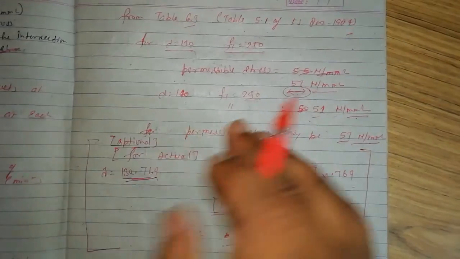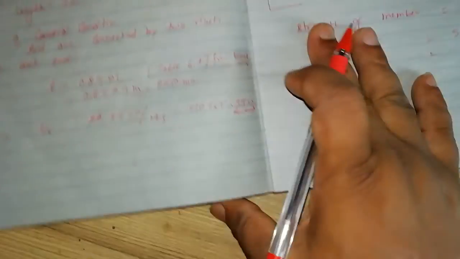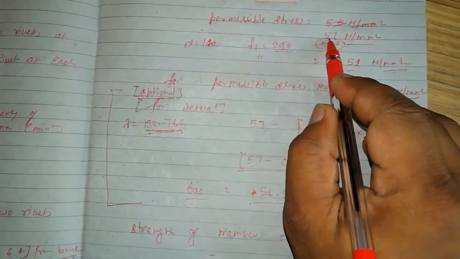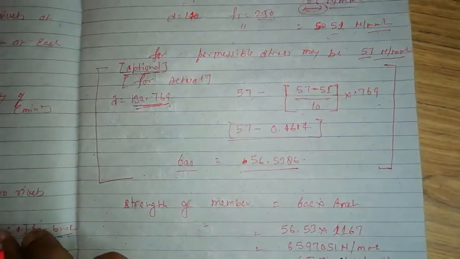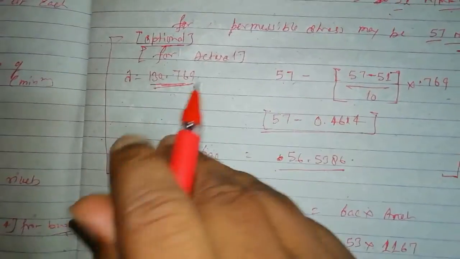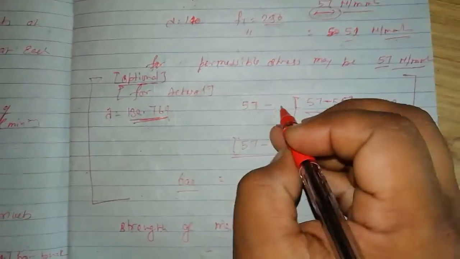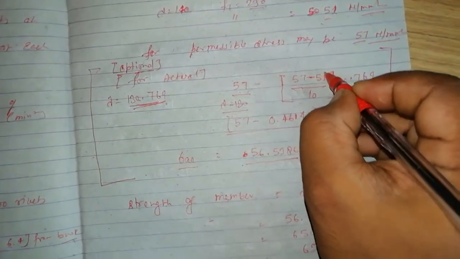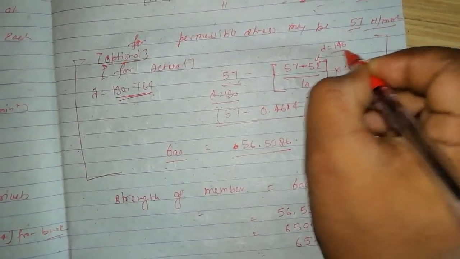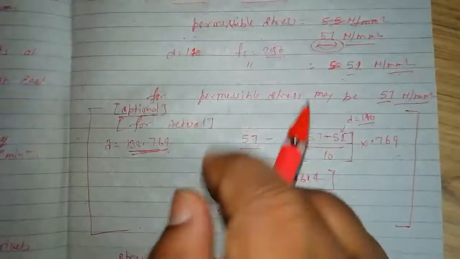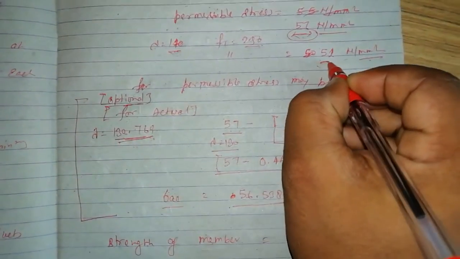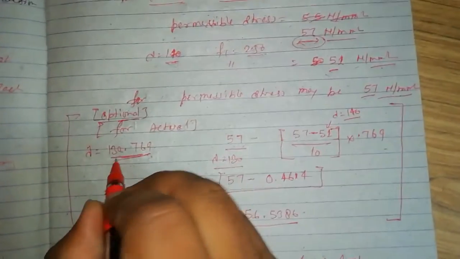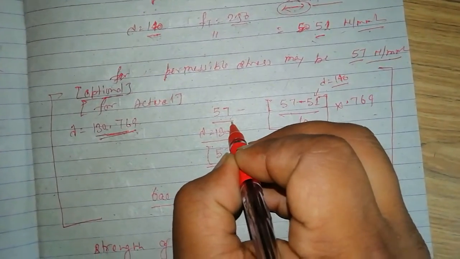Sometimes in problems you may take 57 for 0.769, but for an exact solution, see that when lambda increases, permissible stress decreases. So for 130.769 the value will be less than 57.